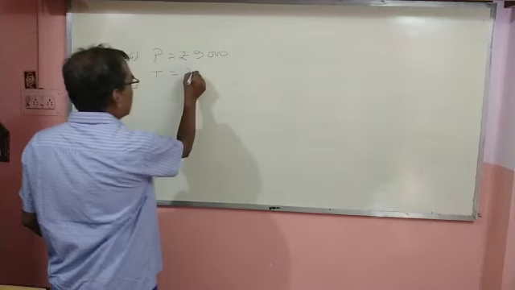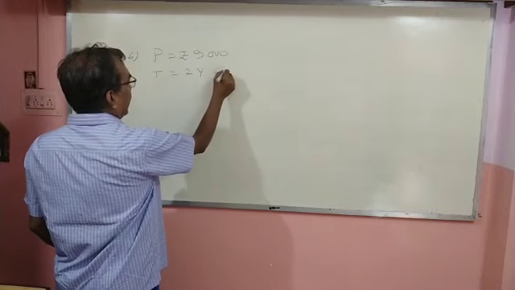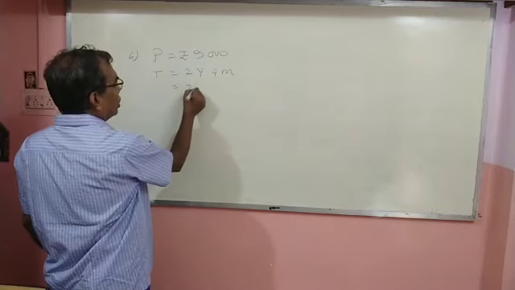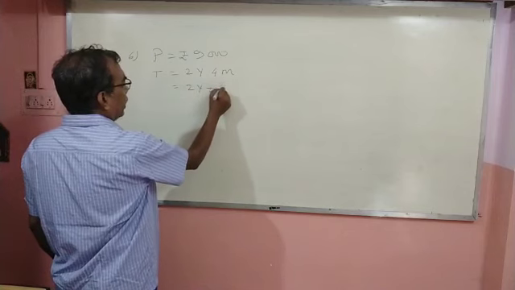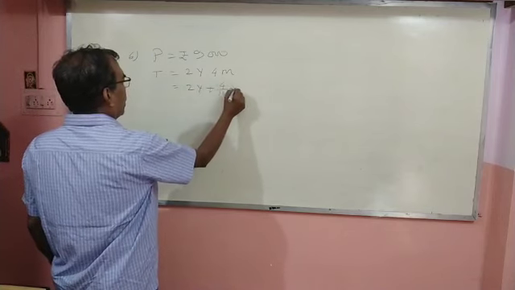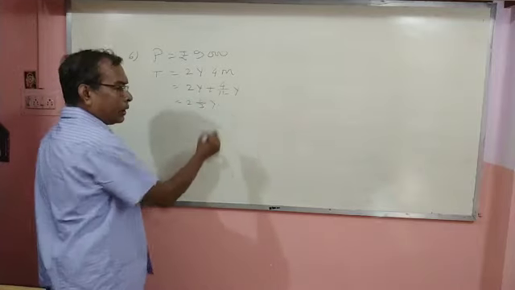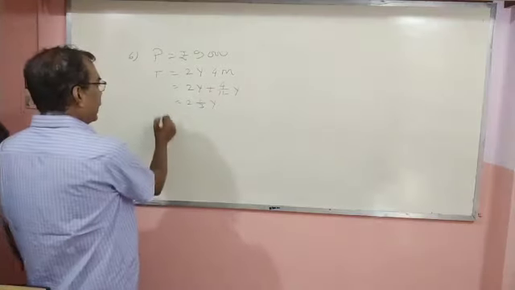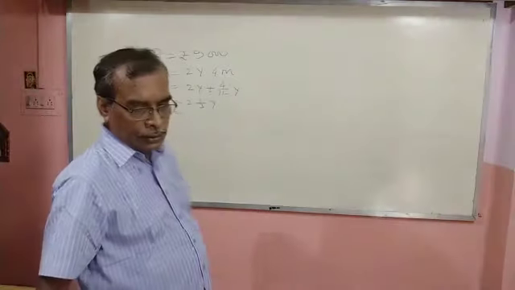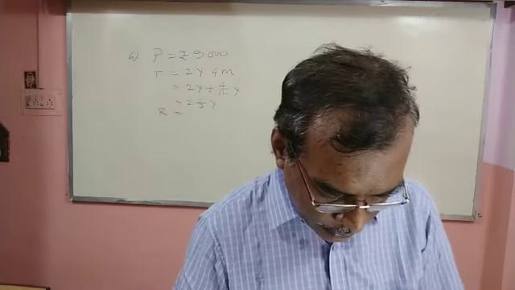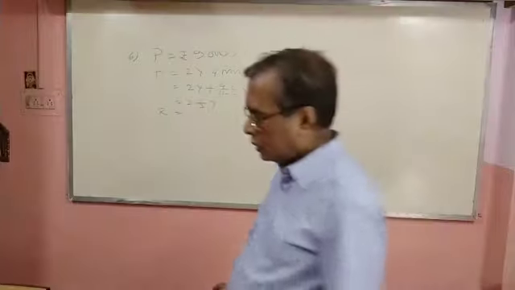Again change this into years, that is 4 by 12 year, which is equal to 2 1 by 3 years. Are you getting? And rate is given as 10%.